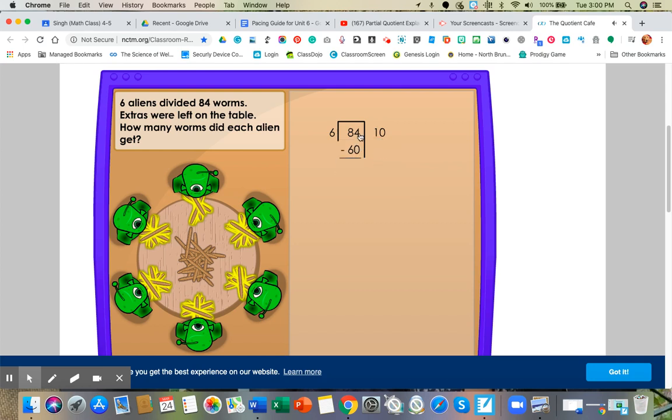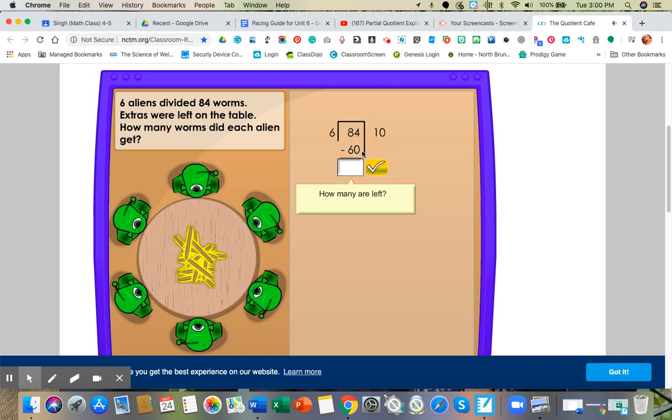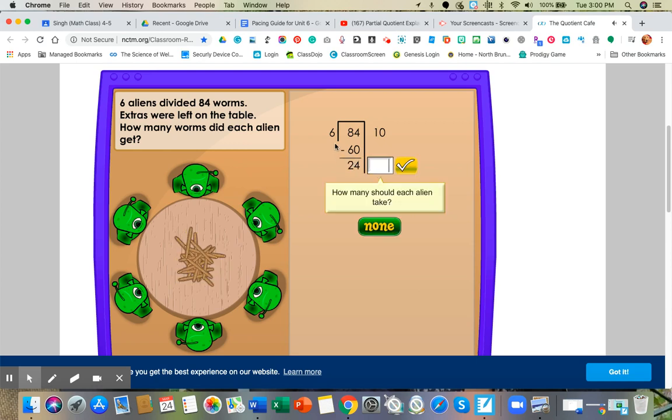I'm going to subtract. 4 minus 0 is 4. And 8 minus 6 is 2. So I'm going to put 24 right here. Okay, then I cannot do 6 times 10 again. So let's do 6 times 2 because I'm not sure about the multiplication. If you're forgetting a 6 times table, let's start with 2. 6 times 2 is 12.